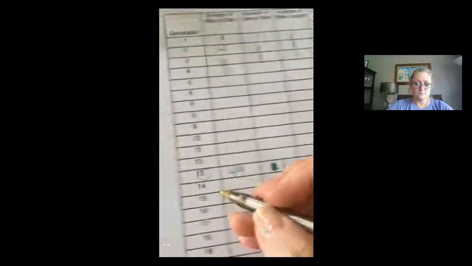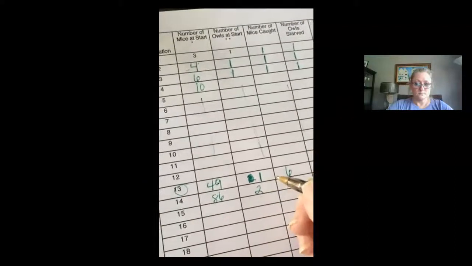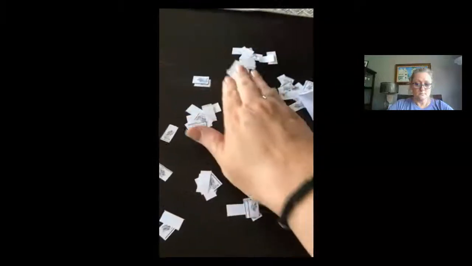So now I'll start over here with 86, and I will start off with 2 owls. Now, how do I do number of owls, right? You're only going to cut out just the 1 owl. You're not going to keep cutting out owls. That's crazy talk, right? So all you do then is you just pretend that you're having 2 owls by dropping 2 owls. So let's pretend I got my 86 mice here, right?